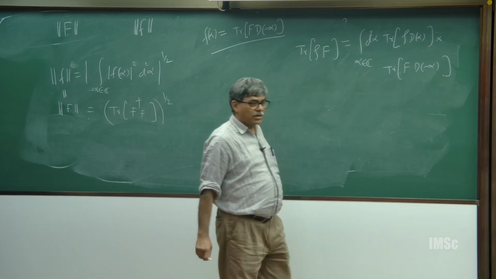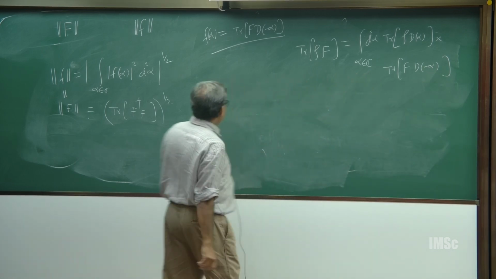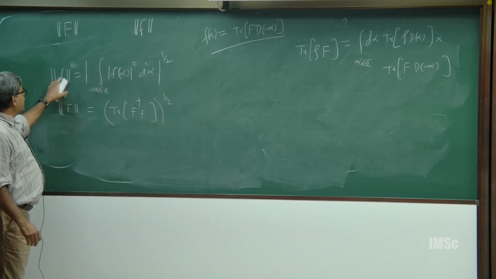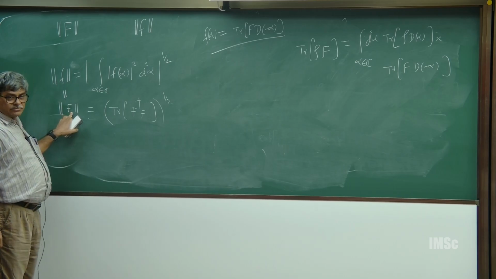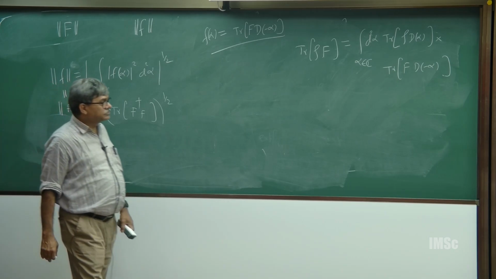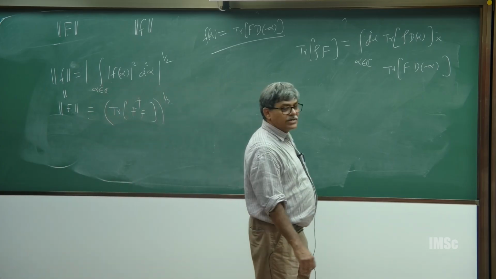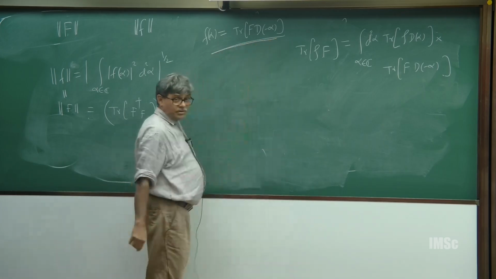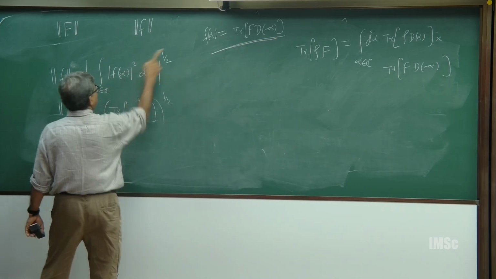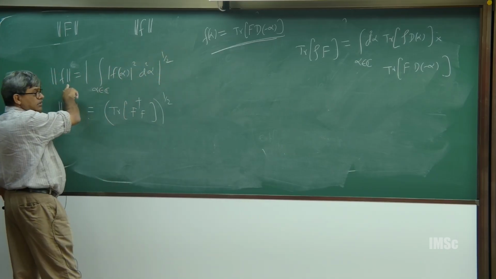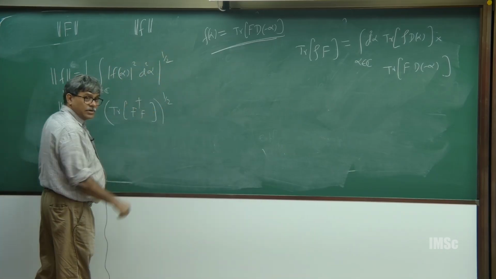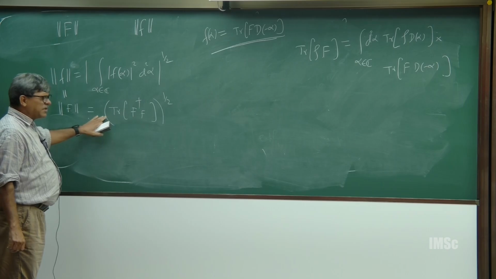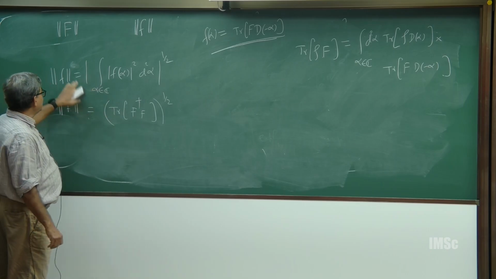Sir, what do you mean by they are same? I mean the function norm and these norms are same. Functions are of course not same, because this is a scalar function, this is an operator. So we are expanding f in terms of D alpha times f of alpha. Right. And f of alpha, you already got this expression. Yes. And now, if you calculate the norm of the small f using this formula, and f is the Hilbert-Schmidt norm actually, then you can show that these two are same.